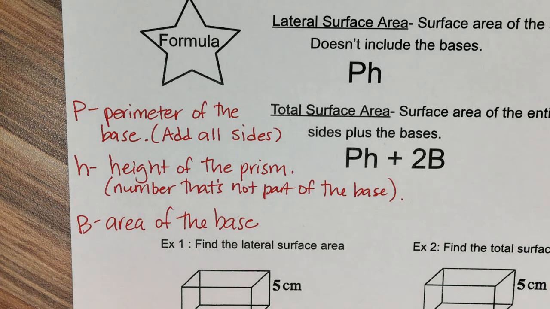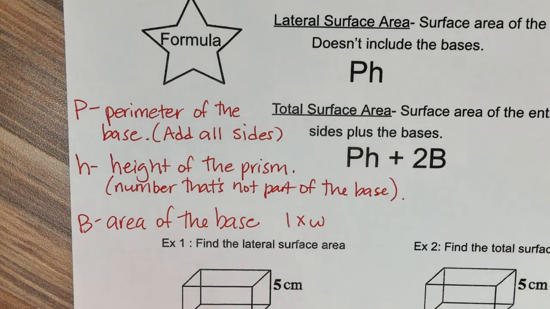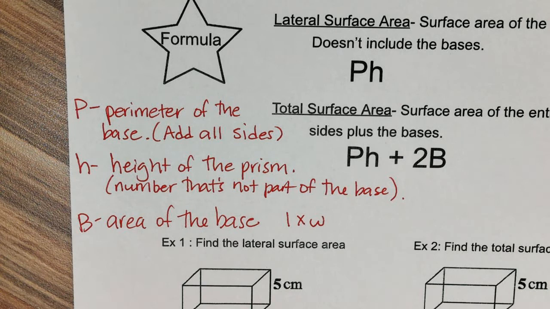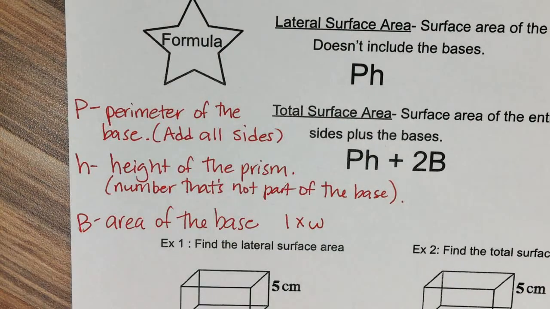And in a rectangular prism, what kind of shape of base do we have? A rectangle. So we're going to do length times width. Once you find those three pieces, then you plug them into either one of these formulas, whether or not they're asking for lateral or total.